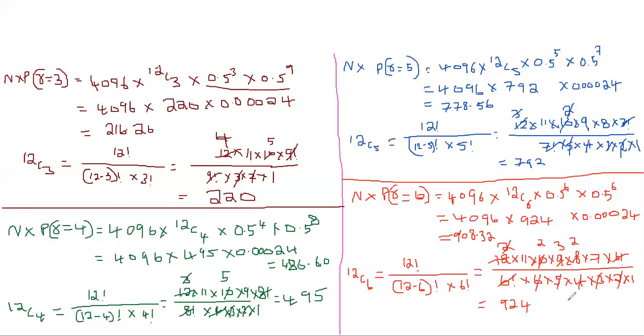So again you will get the values from here onwards: 792, 778.56, 216.26, like that you will get answers. Again it will decrease. The same values you will get again, but in a decreasing manner.